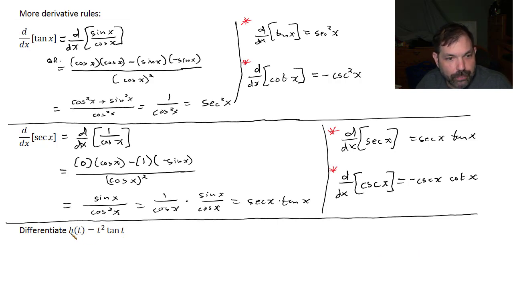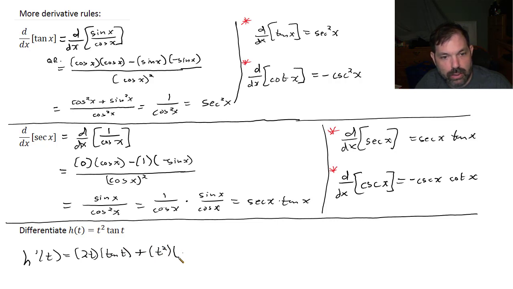Let's say we wanted to differentiate h of t equals t squared tangent t. All right, so here I see a product. So why don't you try this one out? Apply the product rule to differentiate the function h of t. h prime of t would be 2t times tangent t plus t squared times secant squared t.